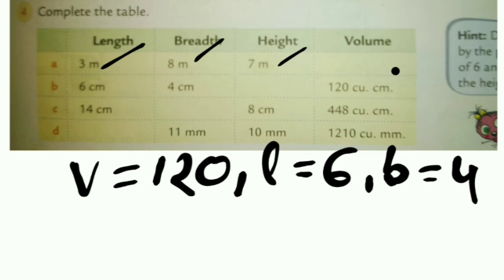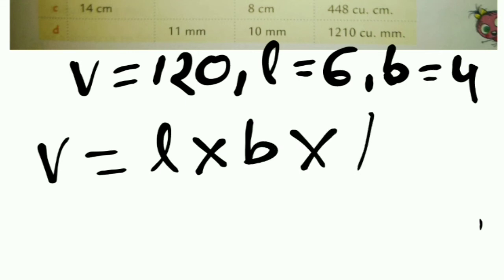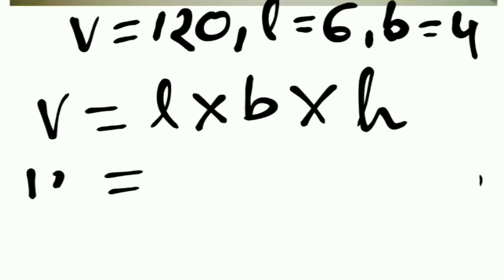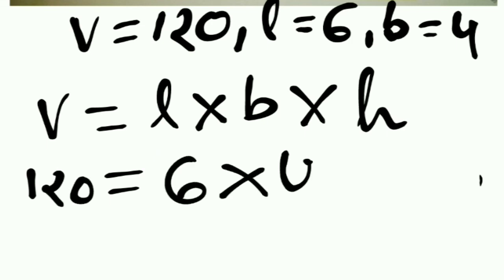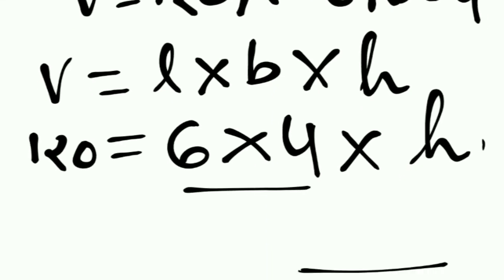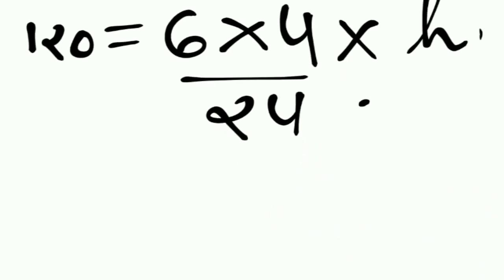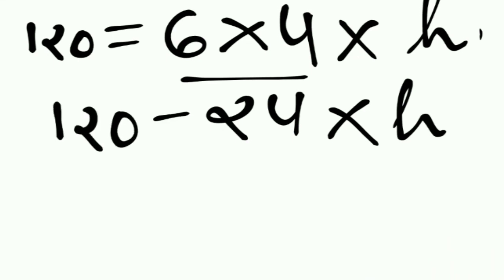Okay. See, what is the formula? Volume equals to length into breadth into height. Okay. So here we are having volume, that is 120. Length is 6. Breadth is 4. Height we are not having. We can write as it is height. 6 into 4 is 24. Okay. After this, height remains same there and this will be 120.